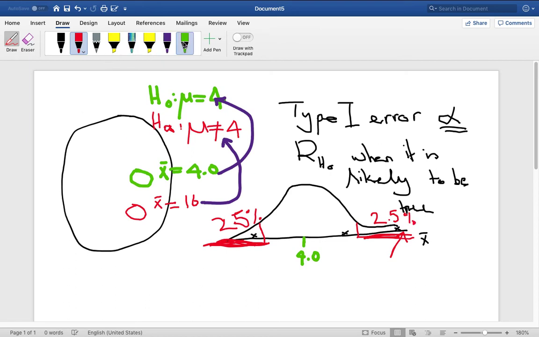And that actually means that my middle bit in here is 95%. So this region corresponds to 95% of my estimates. And I can work backwards now. If I know this is 95% and I know a lot about sampling distributions, I can go back and work out what this point is here and what this point is here, and they will be my critical values.